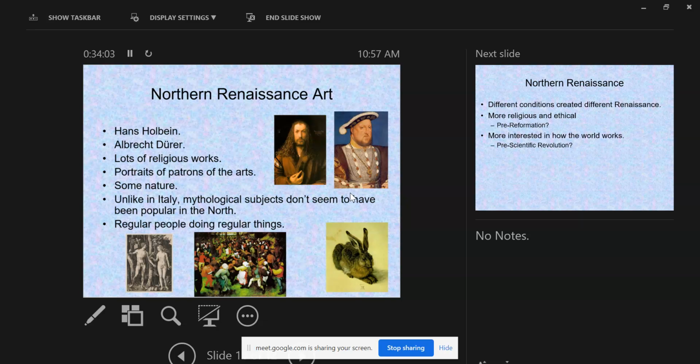It looks really nice. In Italy, as part of a kind of mania for Greco-Roman stuff, they also have quite a bit of mythological scenes. And the Northern Europeans don't seem to be quite so enamored with mythological subjects. But like I said, regular people doing regular things.